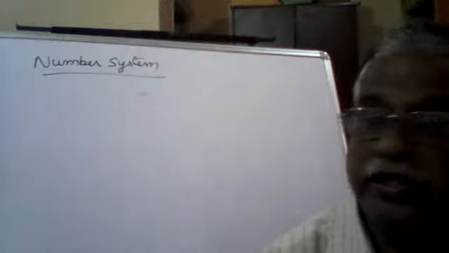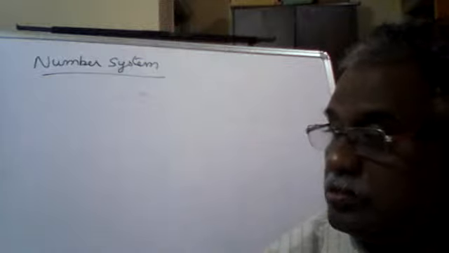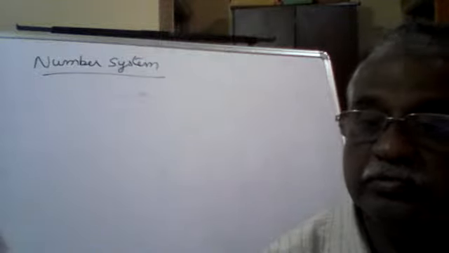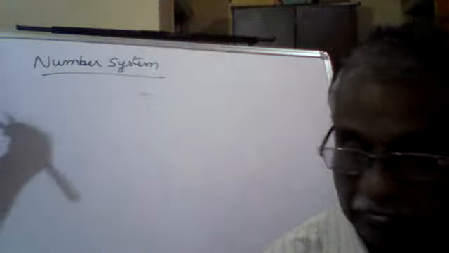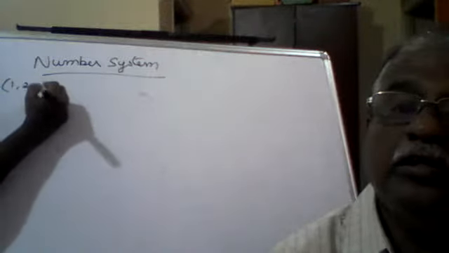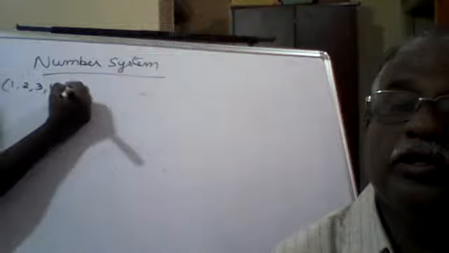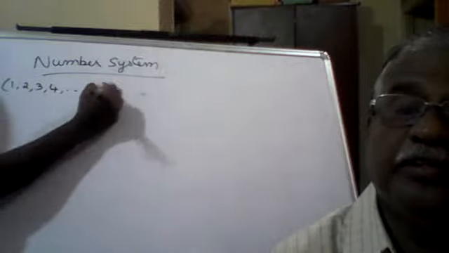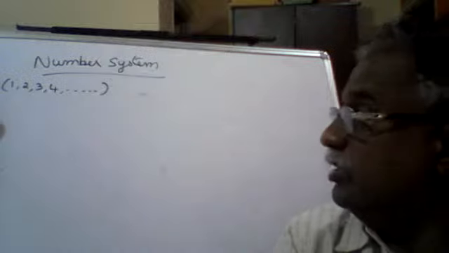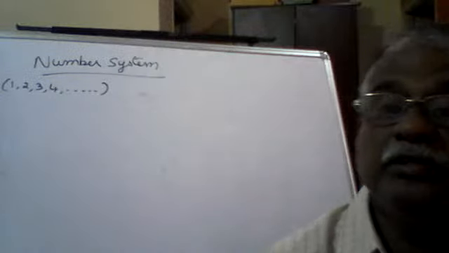So put capital N equal to 1, 2, 3, 4, 5, 6. Put capital N. Capital N is not visible. Capital N is very important, and that's not visible there.